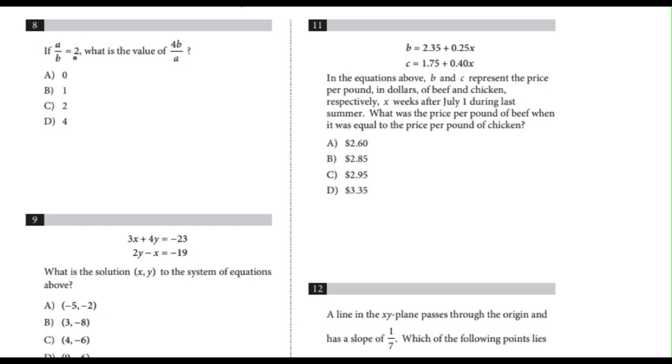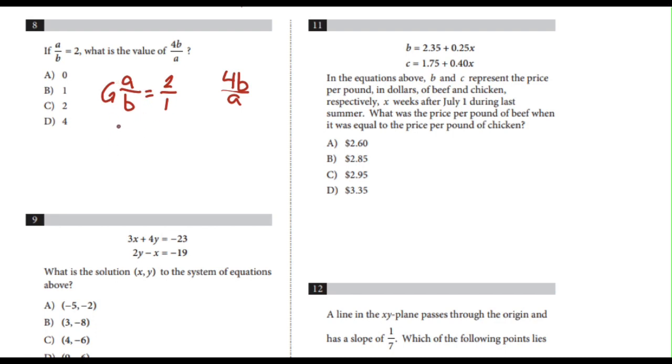8, we have A over B equals 2. What is the value of 4B over A? We have A over B equals 2 over 1, and we're looking for 4B over A. We need to think about how we can turn this A over B into 4B over A. The first thing we can do is take the reciprocal of each side.